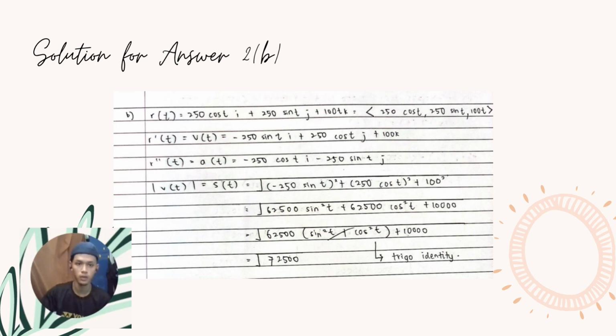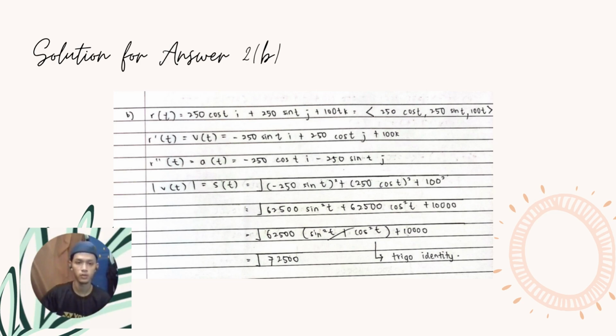So v untuk velocity sama dengan negatif 250 sin t i tambah 250 cos t j tambah 100k. Itu adalah untuk velocity.